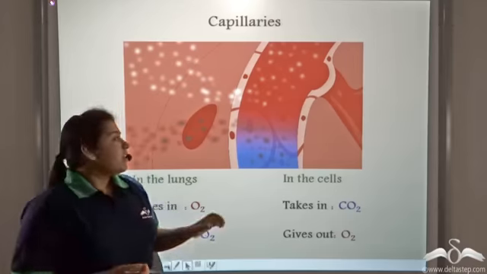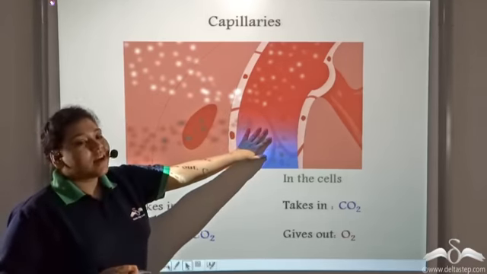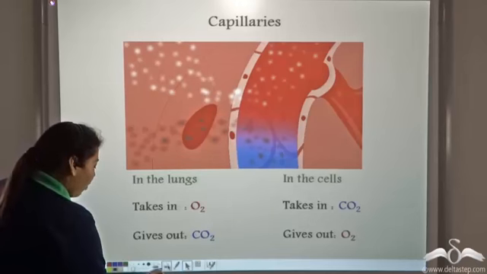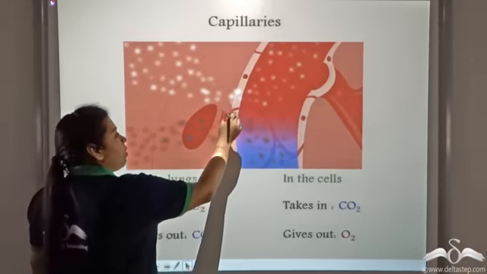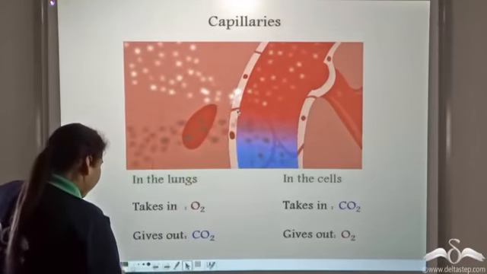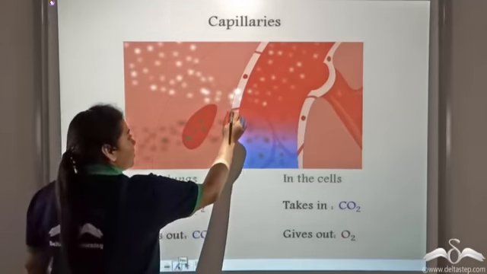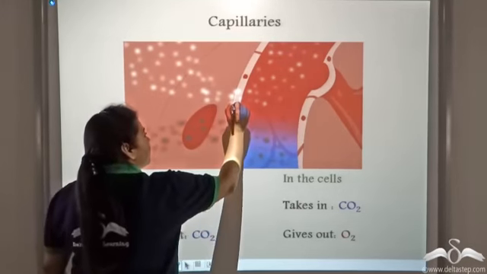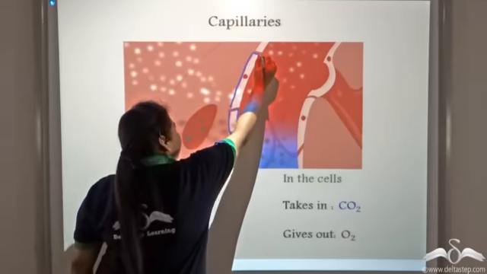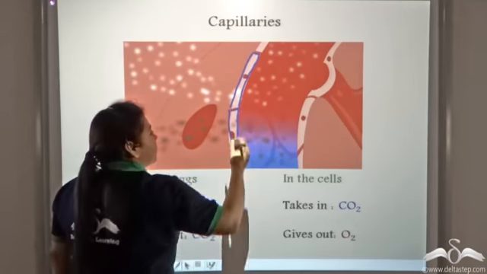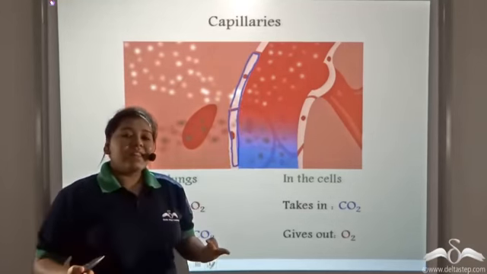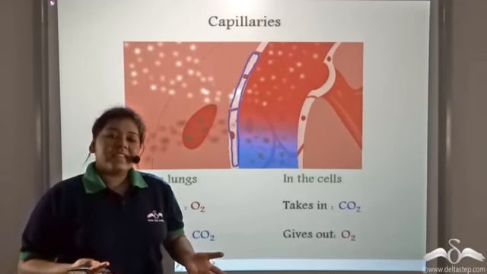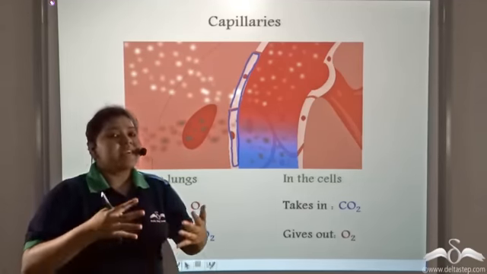Well, these blood vessels are known as capillaries, and even they have walls that are made up of a single layer of cells. See, this is one cell, this is another cell. So since the wall is made up of a single layer of cells, gases can easily diffuse in and out through it.